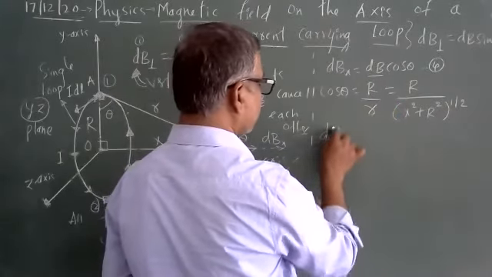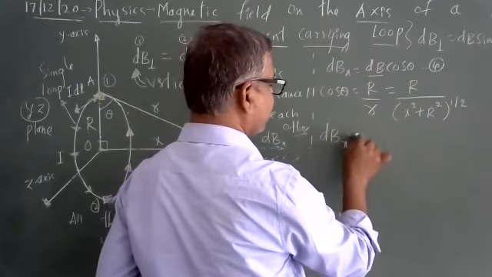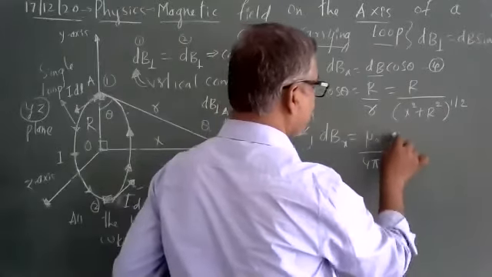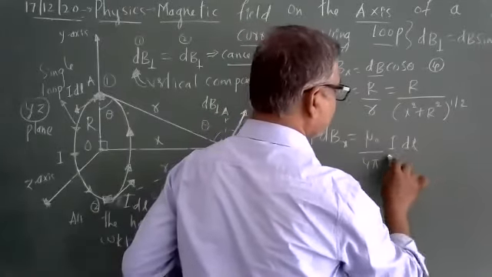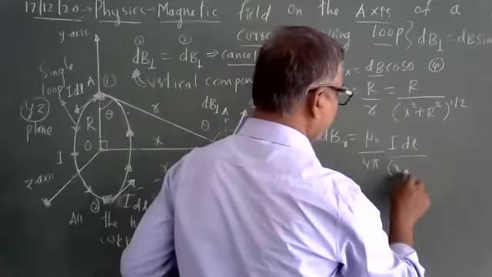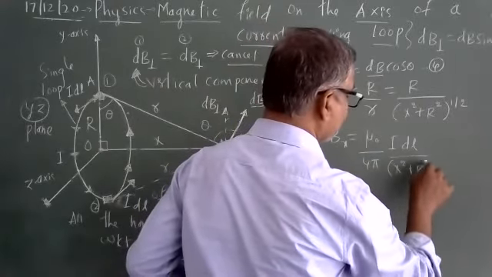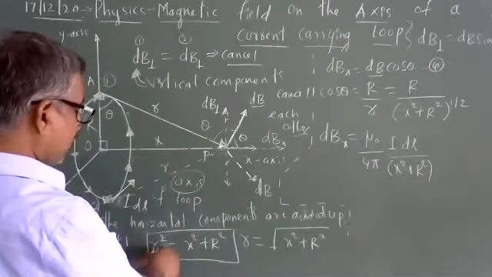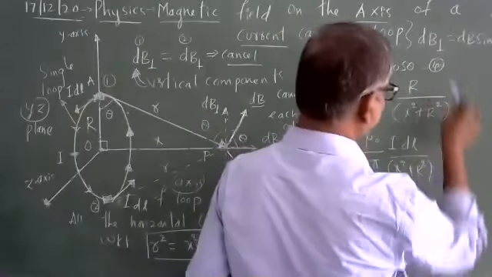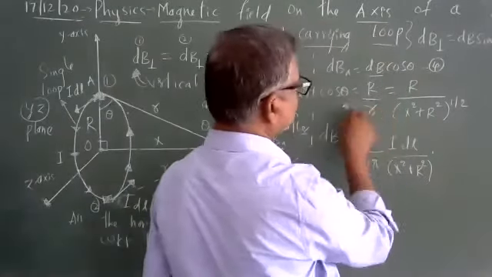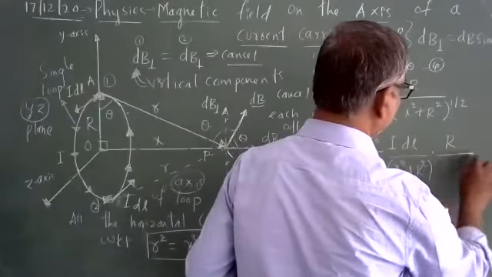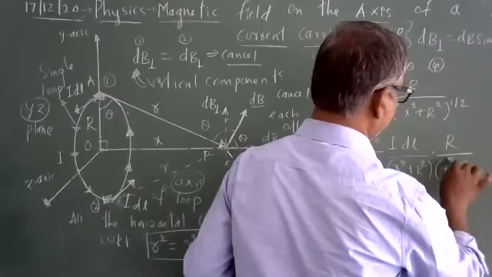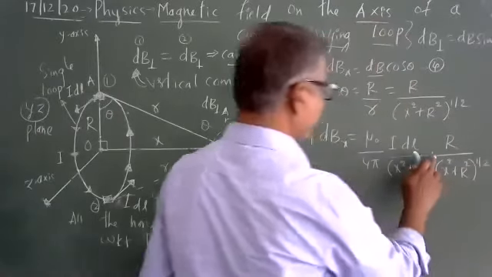Equation 4 gives me dBx, the horizontal component of the magnetic field, equivalent to dB cos theta. dB means mu 0 upon 4 pi I dl, in the denominator x square plus capital R square, because small r square equals x square plus capital R square. Then you have cos theta, which is capital R in the denominator x square plus capital R square to the power 1 by 2.